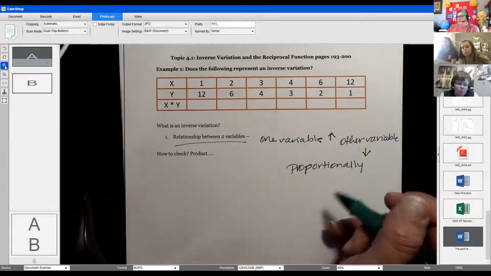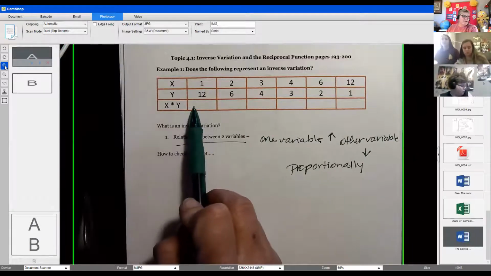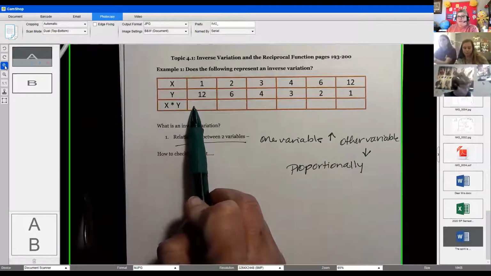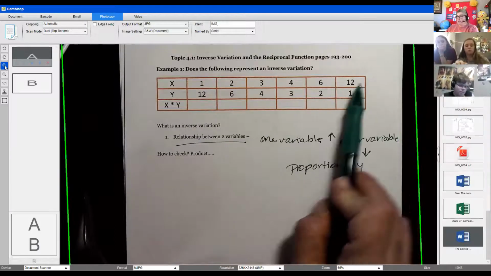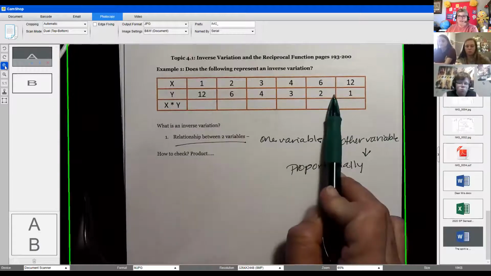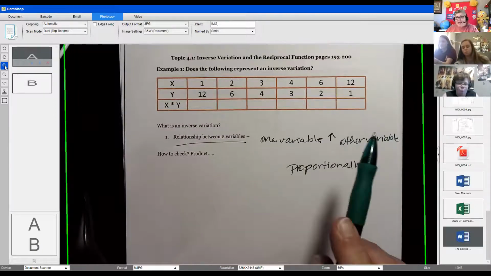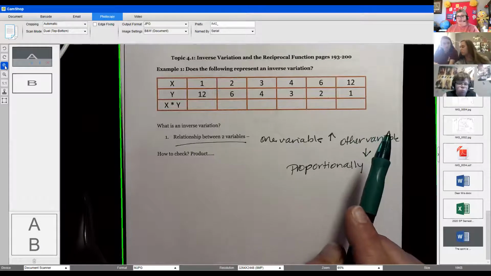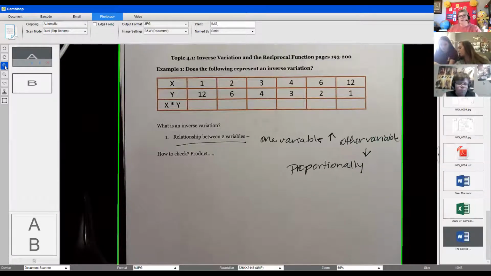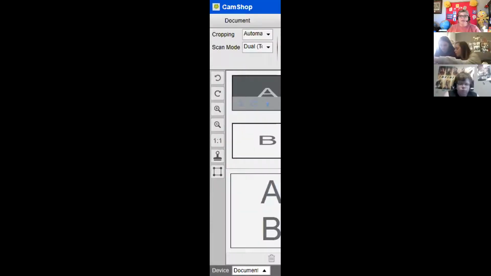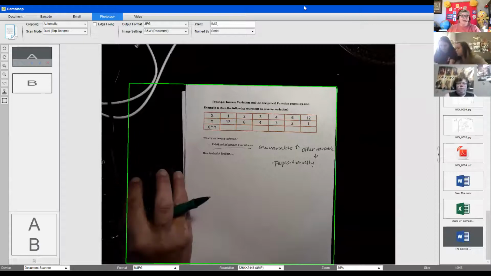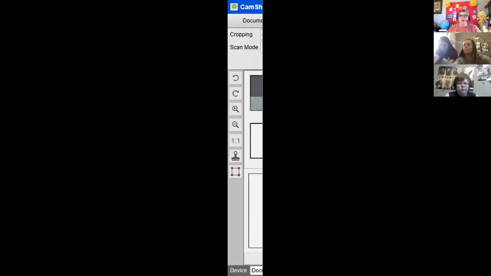So that means, and we'll look at it in this example, that as x goes up, then y goes down. And to make sure that it does go down proportionally, you can test it by the product of the two variables when you multiply them together.